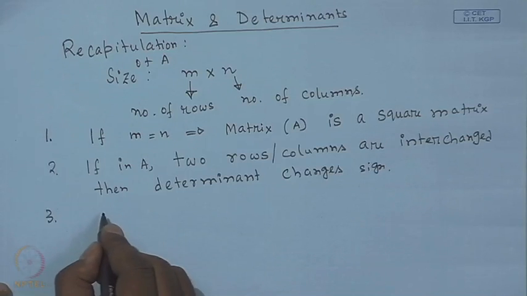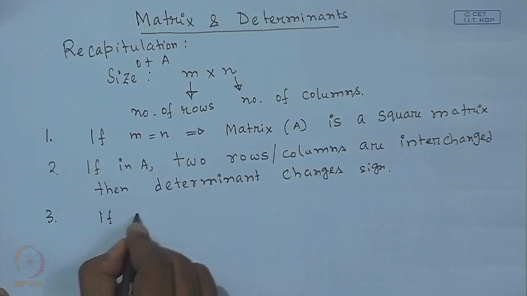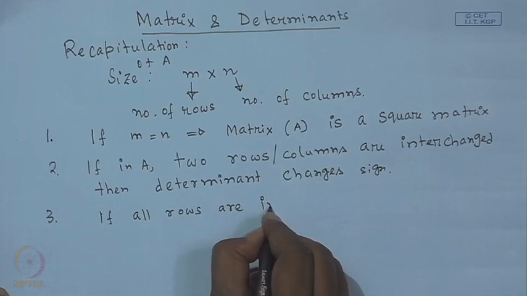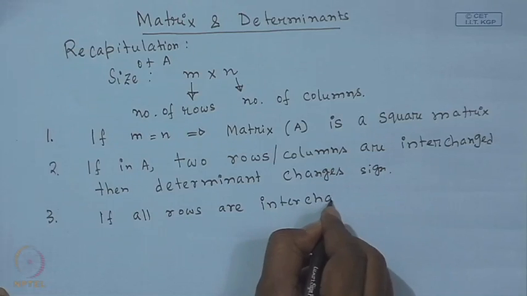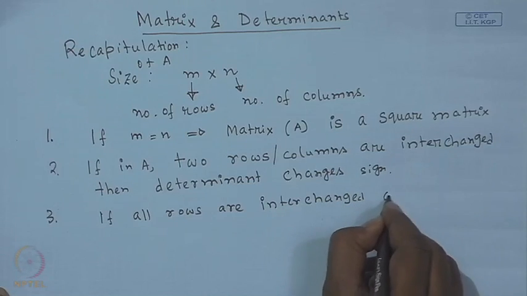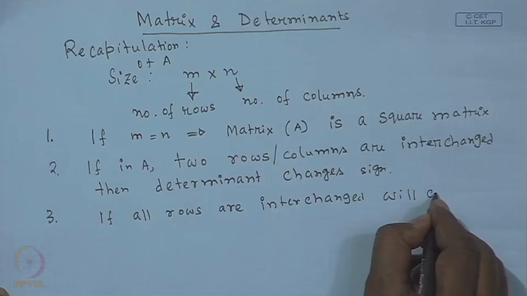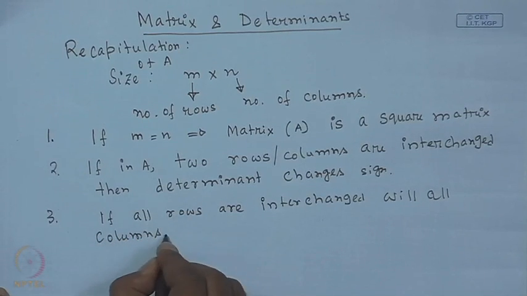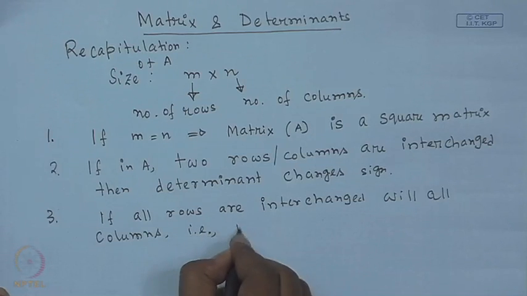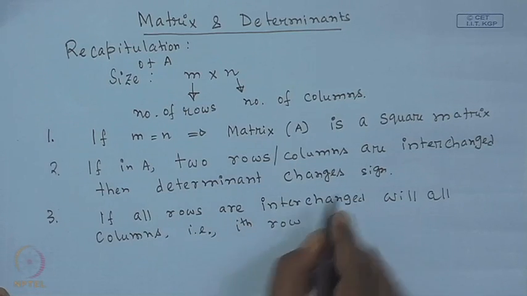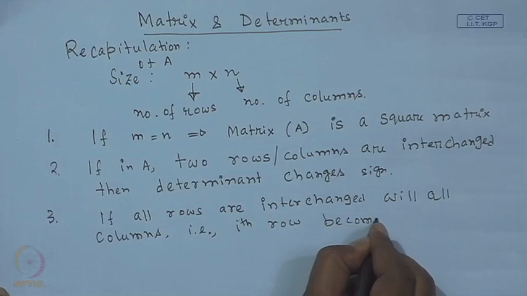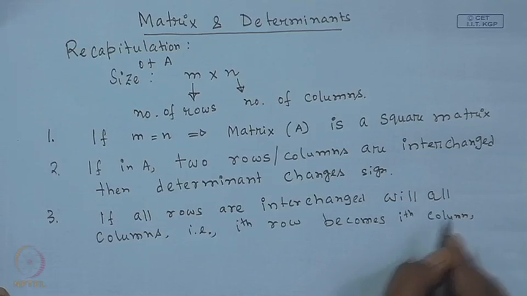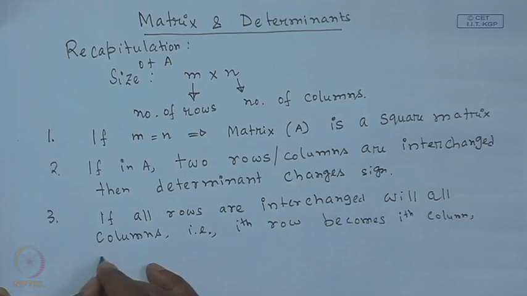Then the next property is that if all rows are interchanged with all columns, that is the ith row becomes the ith column, the determinant remains the same.